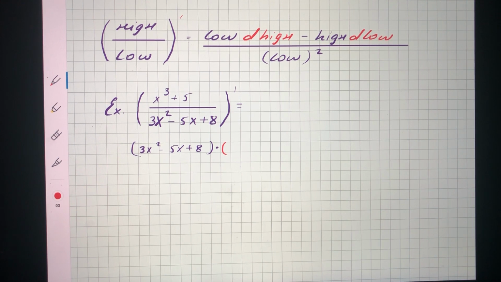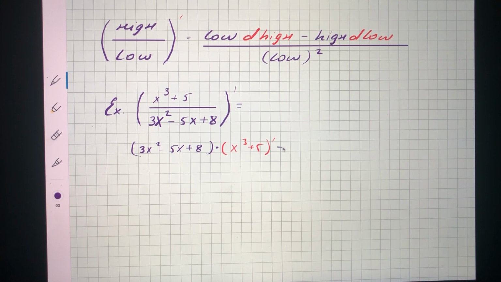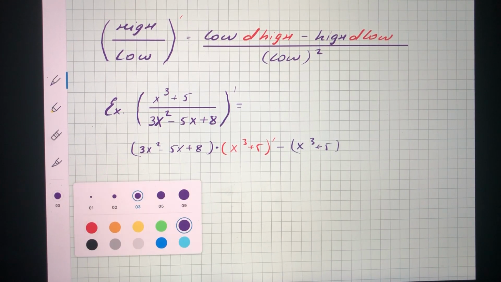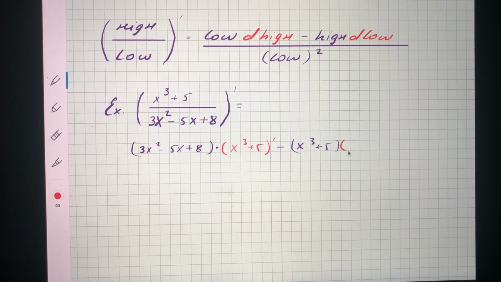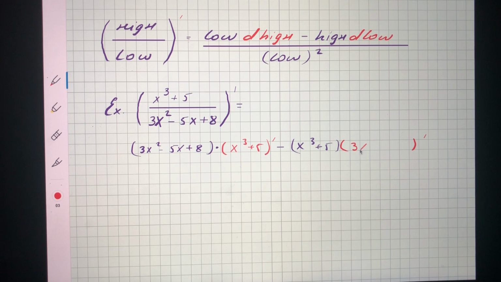We will be taking the derivative of x cubed plus 5. I haven't done the derivative yet, but we will do that in the next step. Then minus high, which is x cubed plus 5, times the derivative of the bottom. Once again, for now I'm only indicating what I'm going to do, and then in the next step I will actually go ahead and take the derivative.